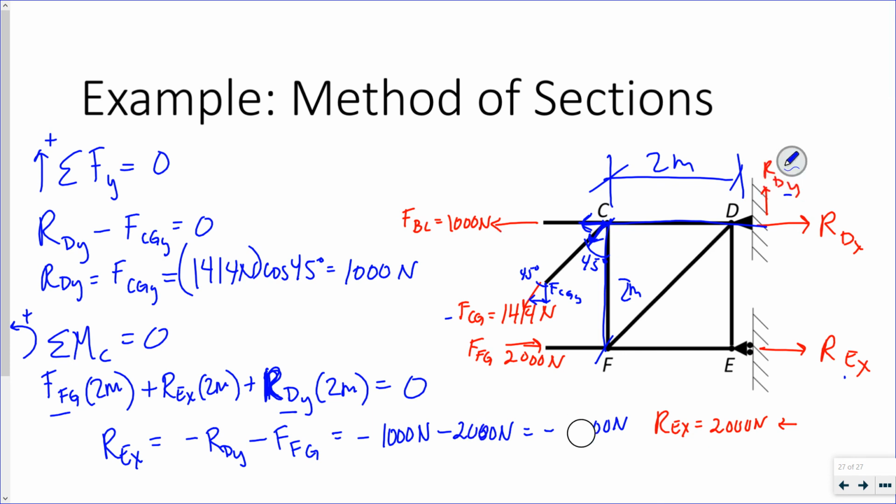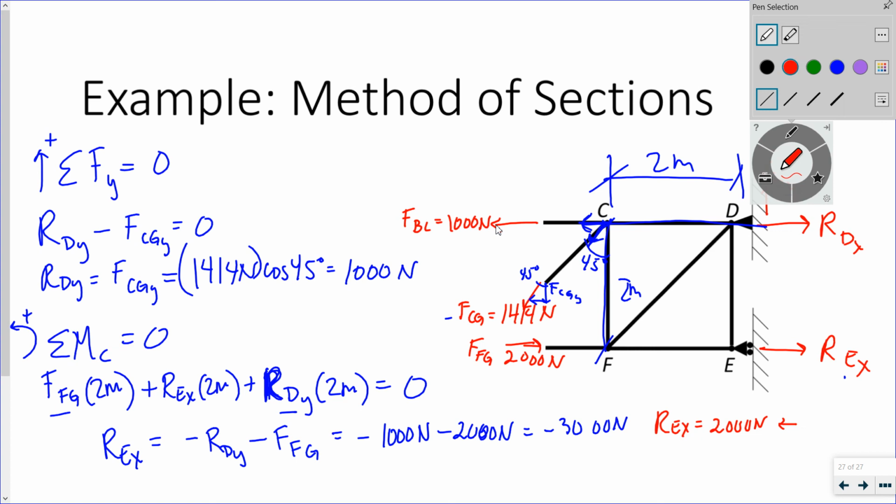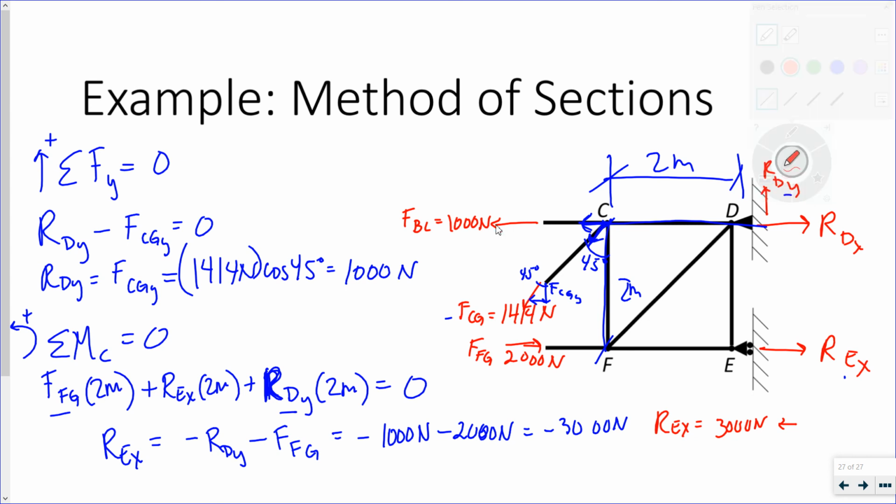So this should be 3,000. 3,000 newtons acting to the left. So I know that this is now 3,000 newtons.